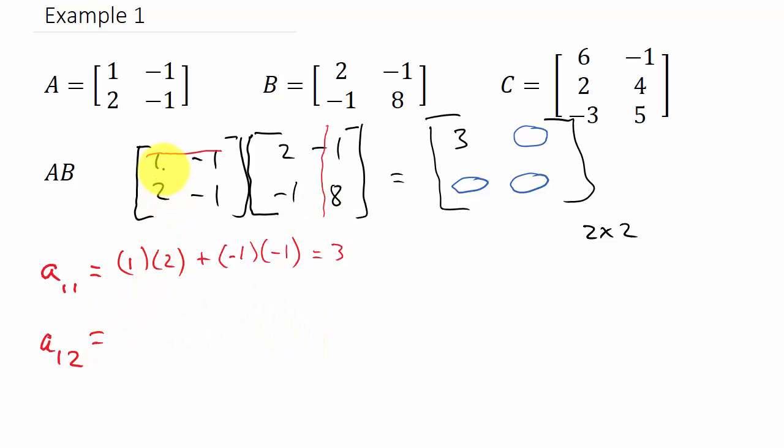This is going to give me 1 times negative 1 plus negative 1 times 8. So this is negative 1, and this is negative 8. Negative 1 plus negative 8 is negative 9. So this right here is negative 9.